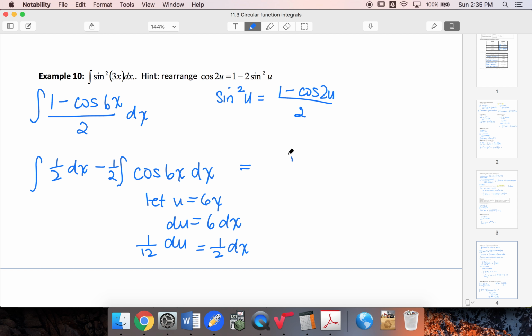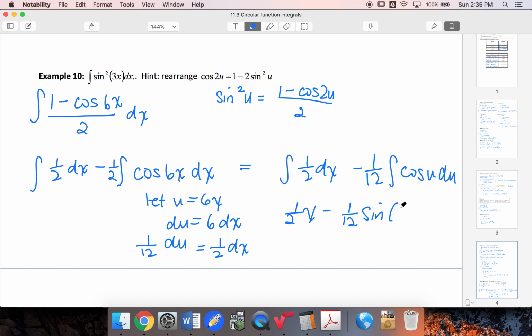So I'll have the integral of a half dx minus 1/12 integral of cos u du. The integral of a half dx, that's a half x, minus the integral of cosine is sine, so 1/12 sine of 6x plus c. So two fun examples there.